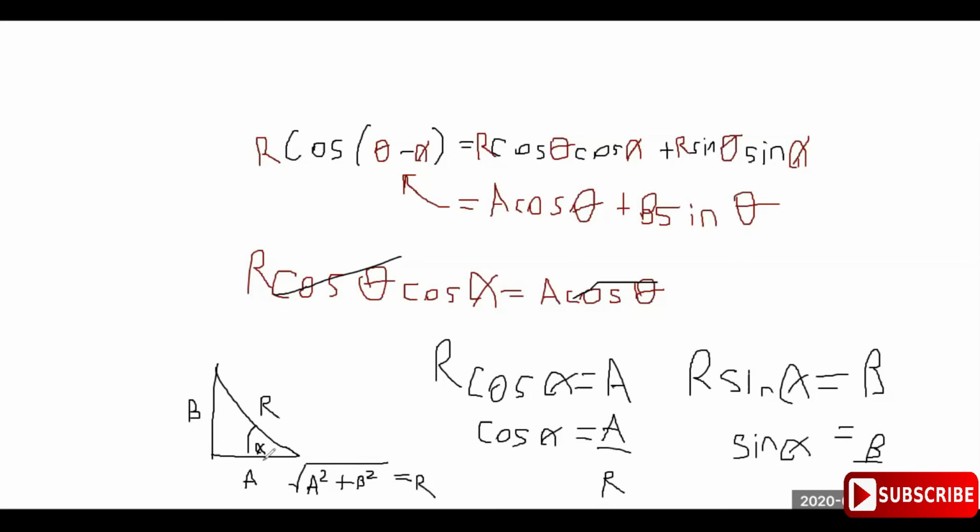And then the tan of alpha is equal to B over A. That's how they derive it.